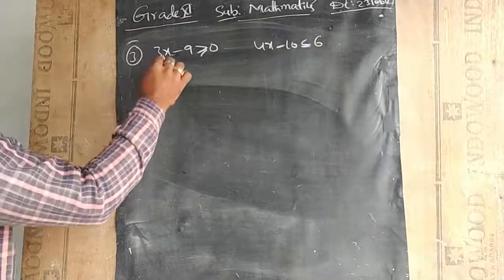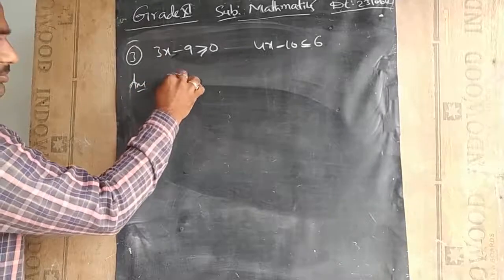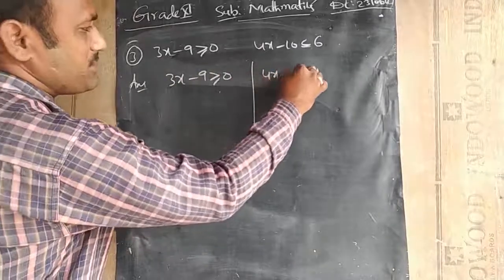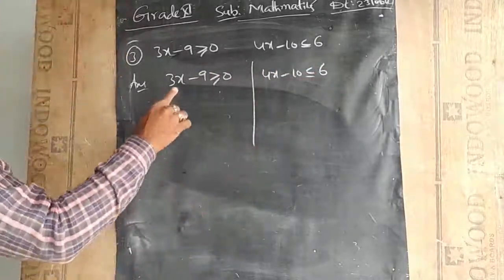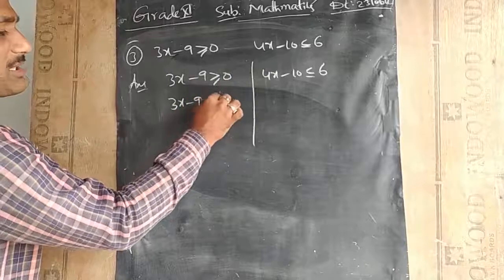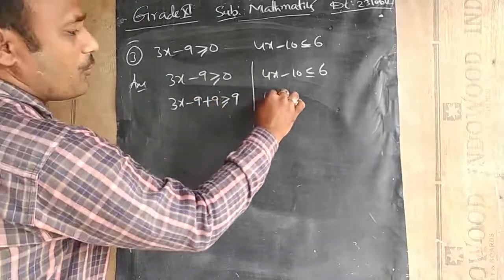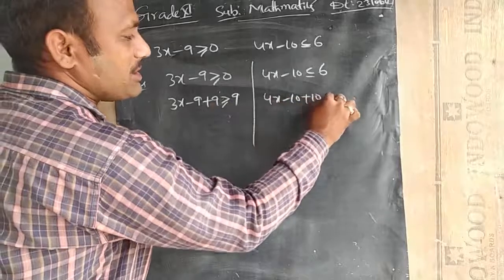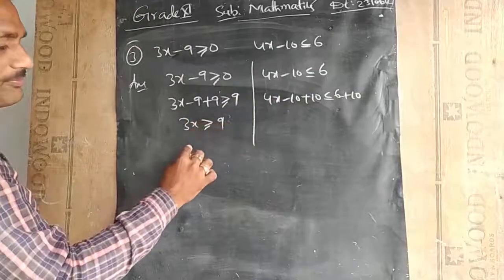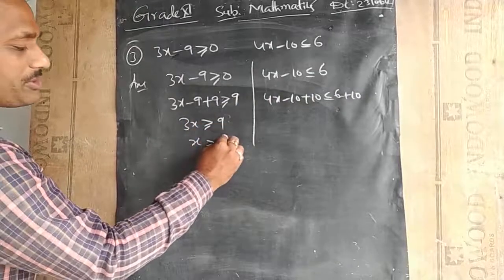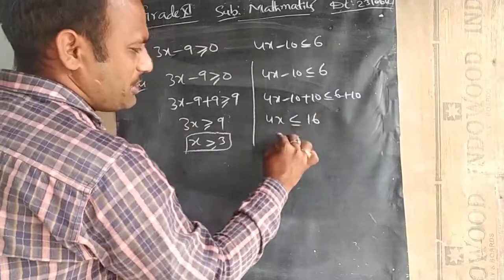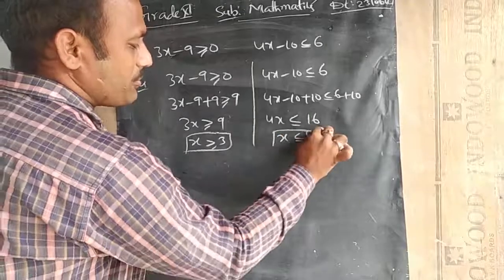First we solve each. For the first, add 9 on both sides: 3x is greater than or equal to 9. Dividing by 3, x is greater than or equal to 3. For the second, add 10: 4x is less than or equal to 16. Dividing by 4, x is less than or equal to 4.